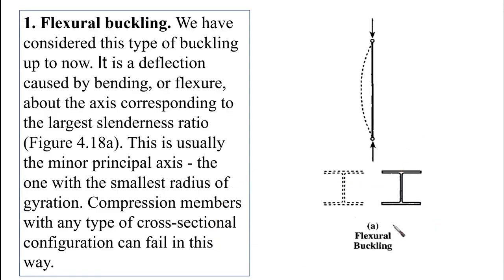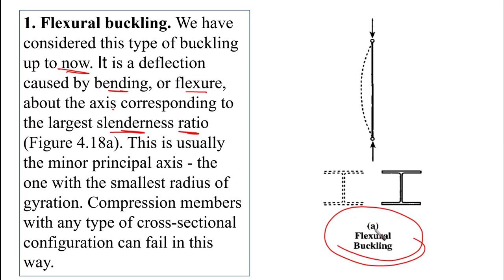So for global flexural buckling, as we said, we have considered this type of buckling up to now. What we have studied up till now is based on flexural buckling. It is a deflection caused by bending or flexure about the axis corresponding to the largest slenderness ratio.